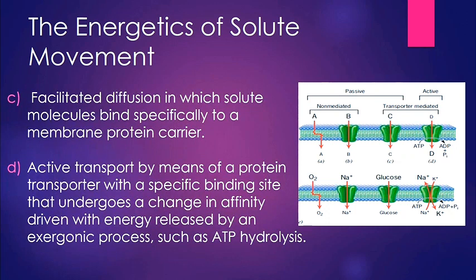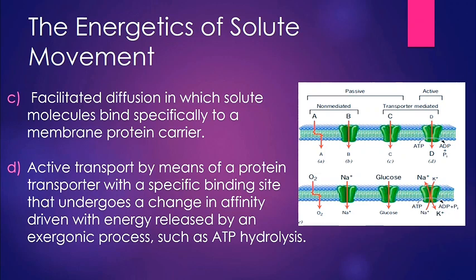As you can see, letter C is facilitated diffusion, in which solute molecules bind specifically to a membrane protein carrier. And the last one is letter D, which is active transport by means of a protein transporter with a specific binding site that undergoes a change in affinity driven by energy released by an exergonic process such as ATP hydrolysis.